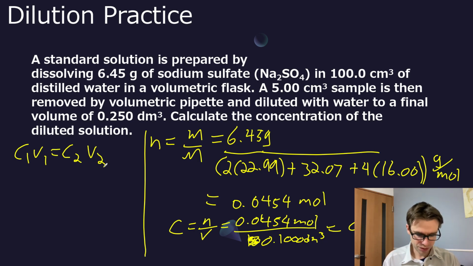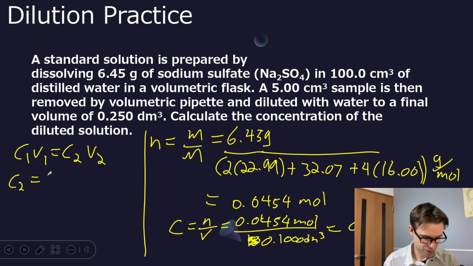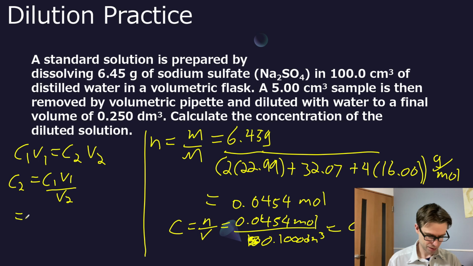So calculate the concentration of the diluted solution. That's our final situation after doing work on this. That's going to be C2. So this equals C1V1 over V2, rearranging this equation. Okay, put the numbers in, 0.454.